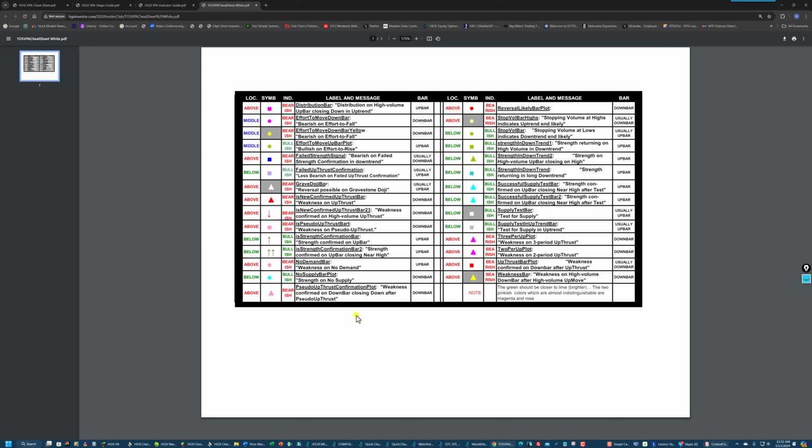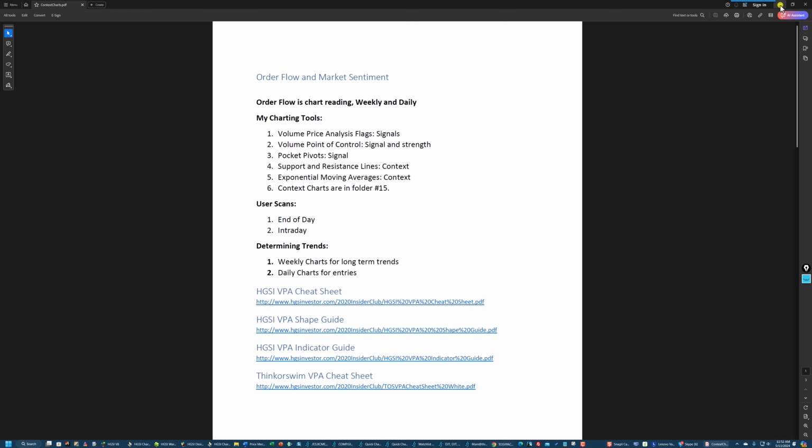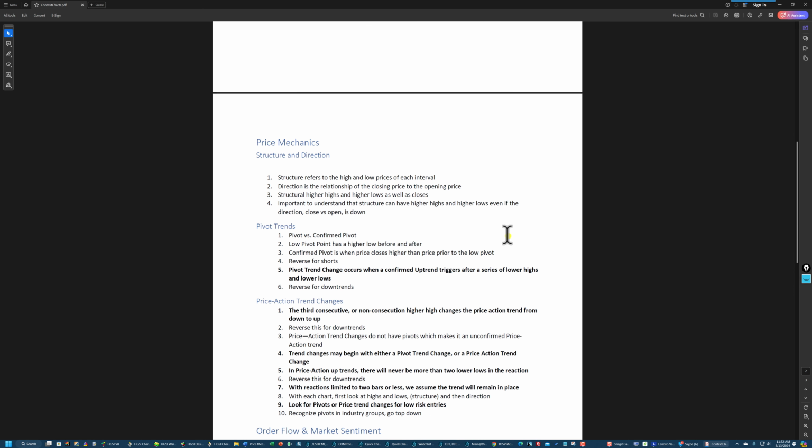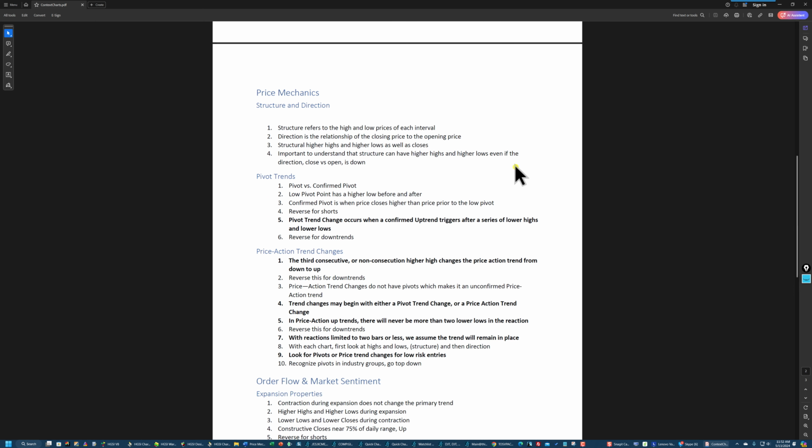I say I believe because I think most of these correspond to it. In Thinkorswim, up in the upper part of the chart, it tells you what the signal is, but I just included that. And moving on down, these are things I'm going to discuss in these videos: price mechanics, structure, and direction.